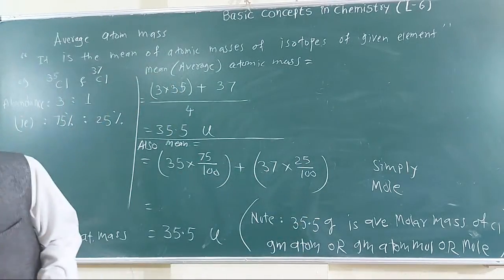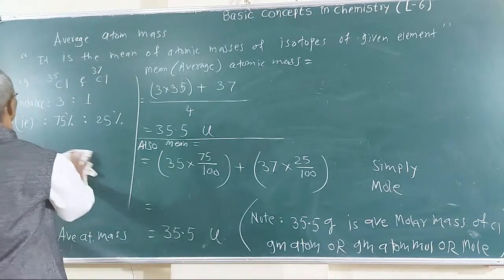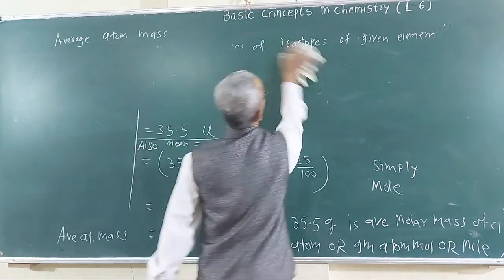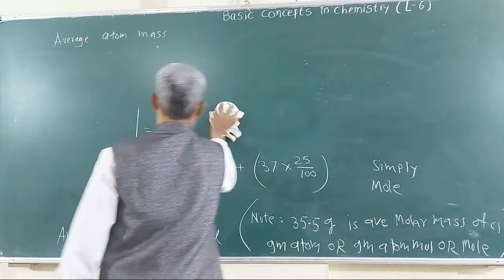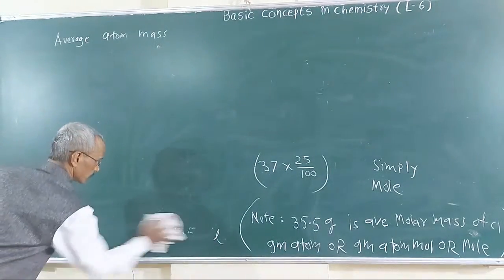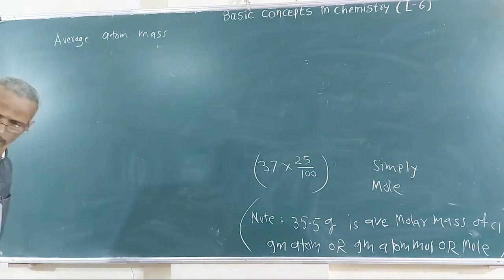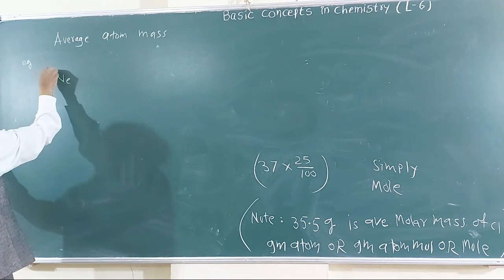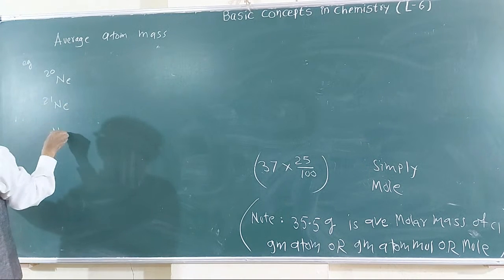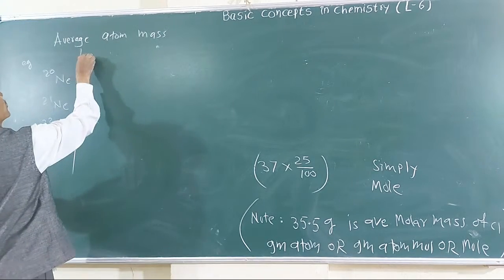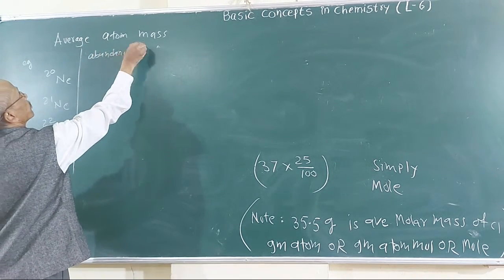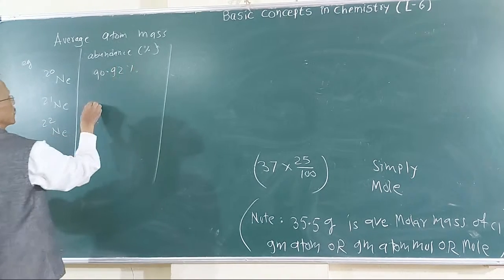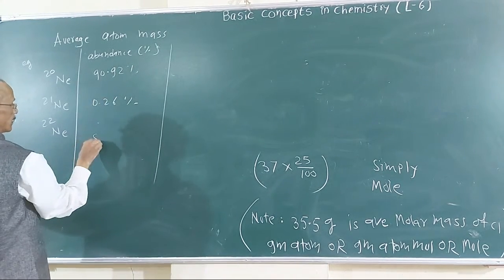Consider one more example. There are three isotopes of neon: neon 20, neon 21 and neon 22, and their abundance percentages are 90.92%, 0.26% and 8.82%.